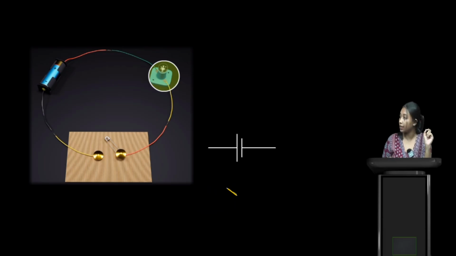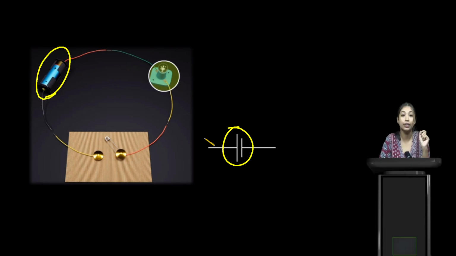Now, since here we can see only one battery, we denote it with this symbol: two parallel straight lines, where the long one is positive and the short one is negative.